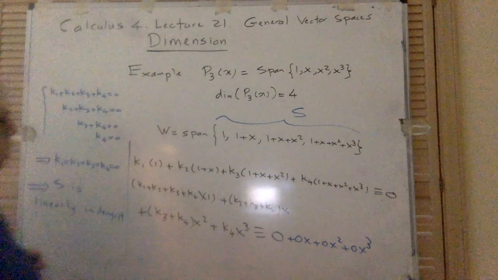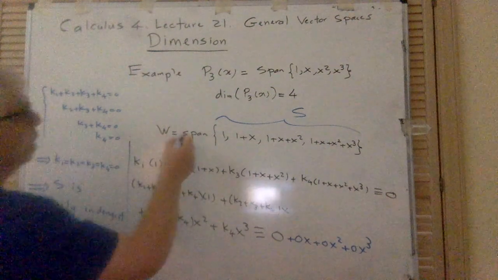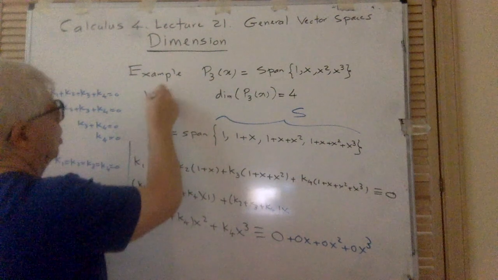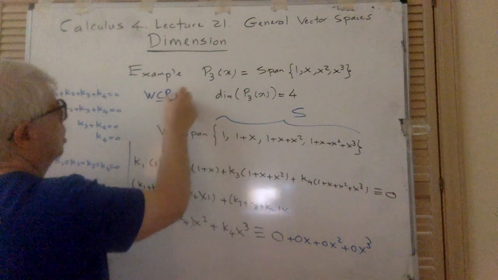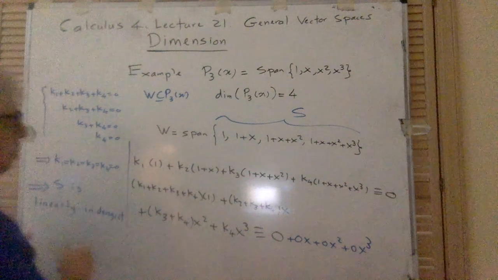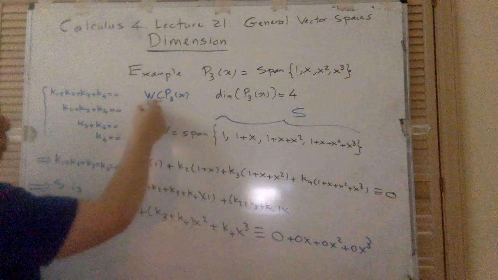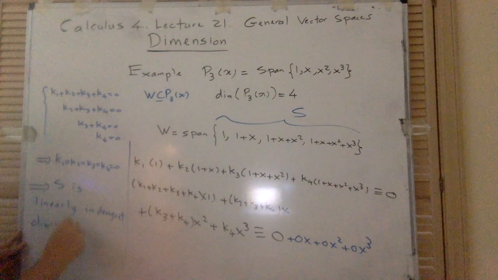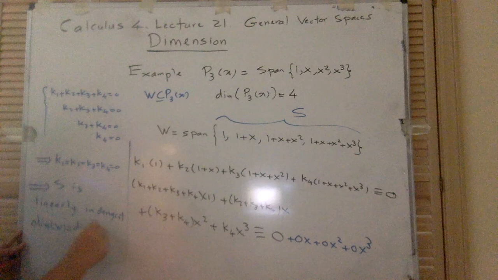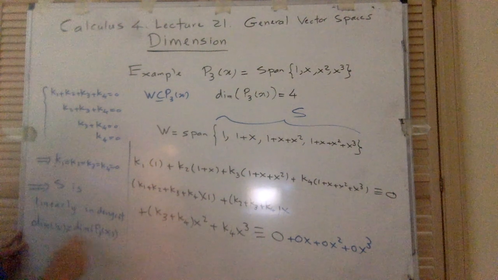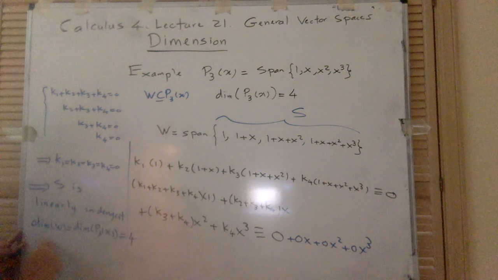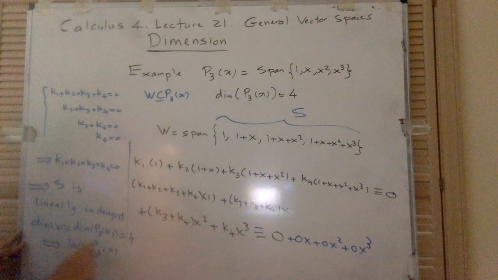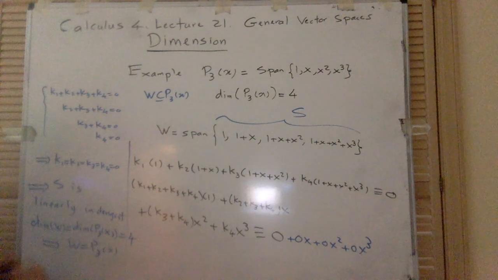So being linearly independent, and we know that this W is a subspace of P3. P3 has dimension 4, this one has dimension 4, so the dimension of W equals the dimension of P3, right? So this tells me that W is in fact P3(x).